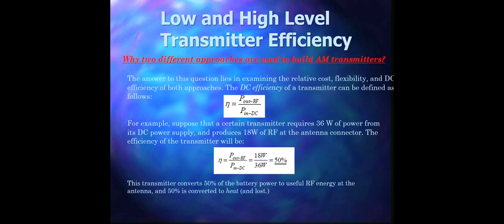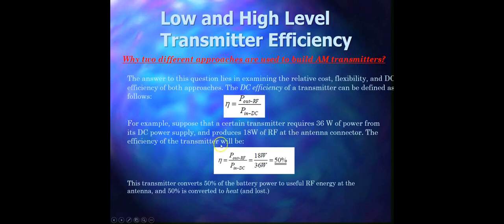The DC efficiency of a transmitter can be defined by this formula you see here: P out RF divided by P in DC. For example, suppose that a certain transmitter requires 36 watts of power from a DC power supply and produces 18 watts of radio frequency at the antenna connector.